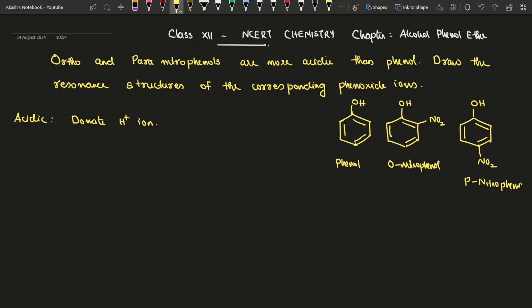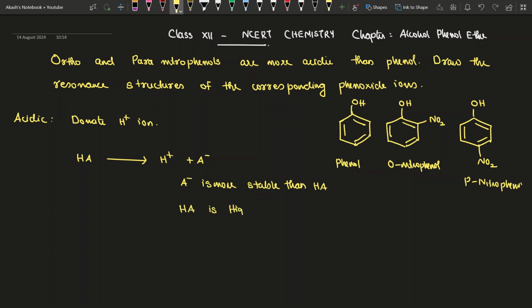For example, if you are considering a compound called HA, by donating the proton, it will become H plus and A minus. If A minus is more stable than HA, we can say that HA is highly acidic.